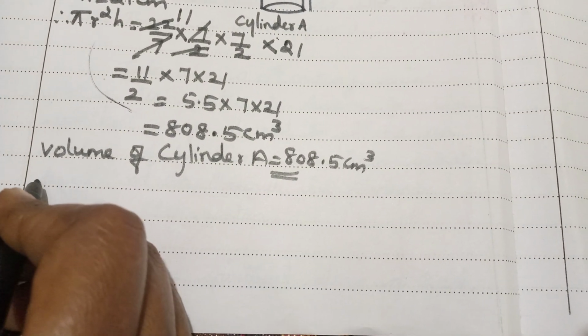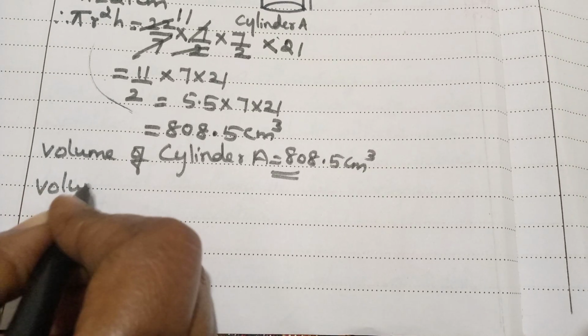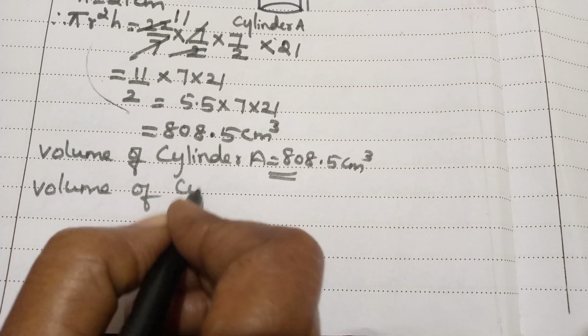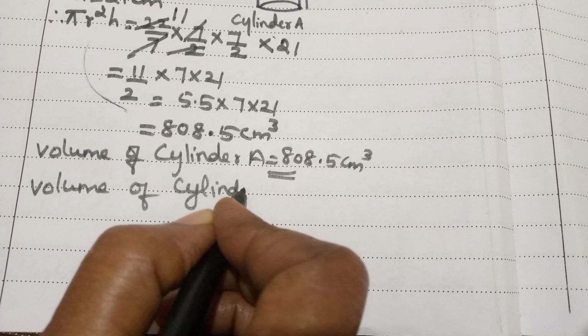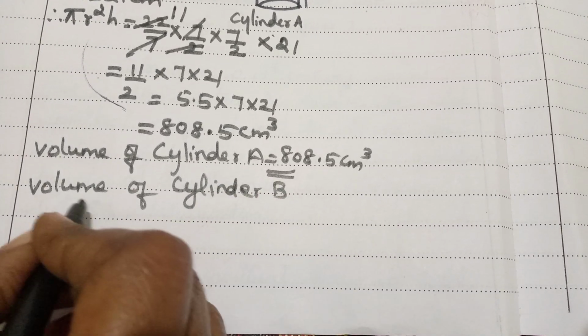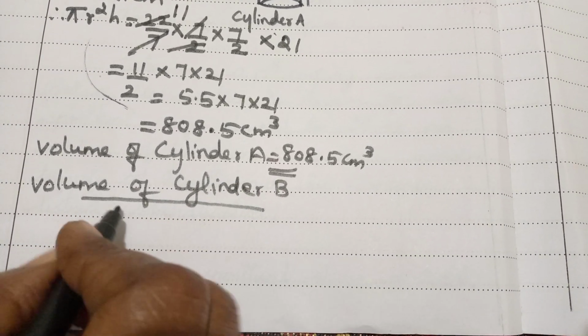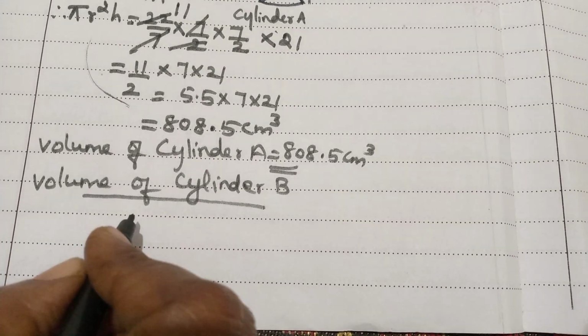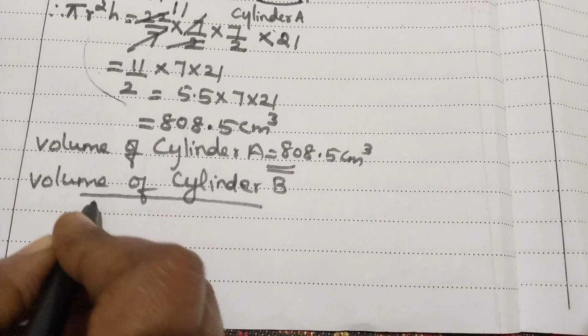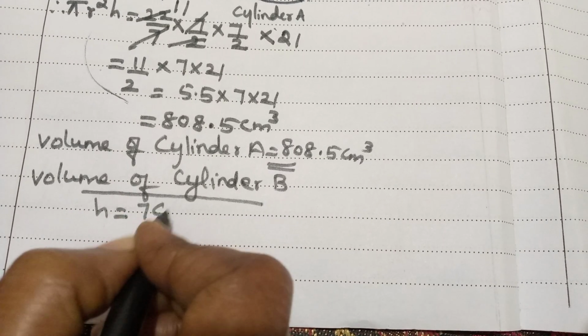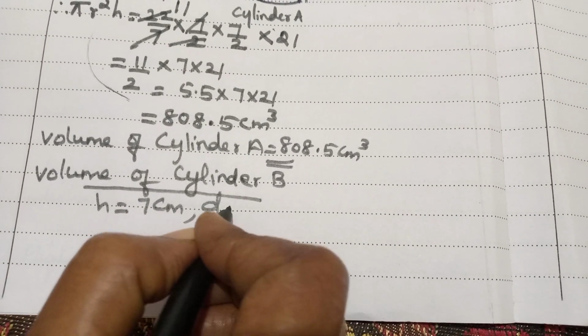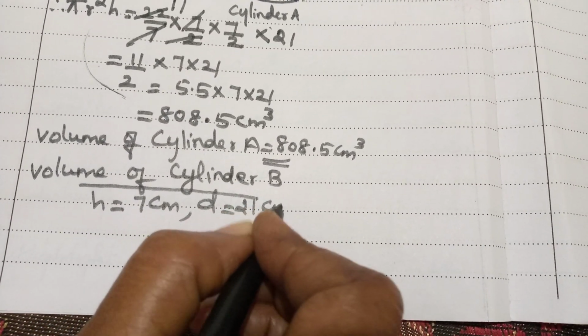Let us find the volume of cylinder B. That is the same formula only. Here height is equal to 7 centimeter, diameter D is given, 21 centimeter.